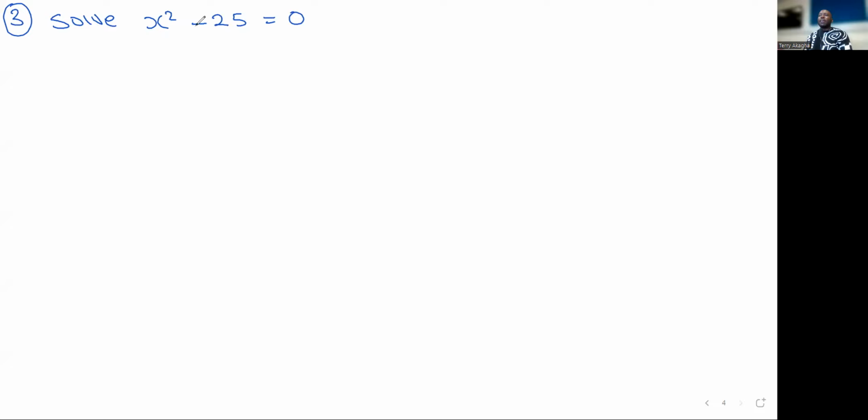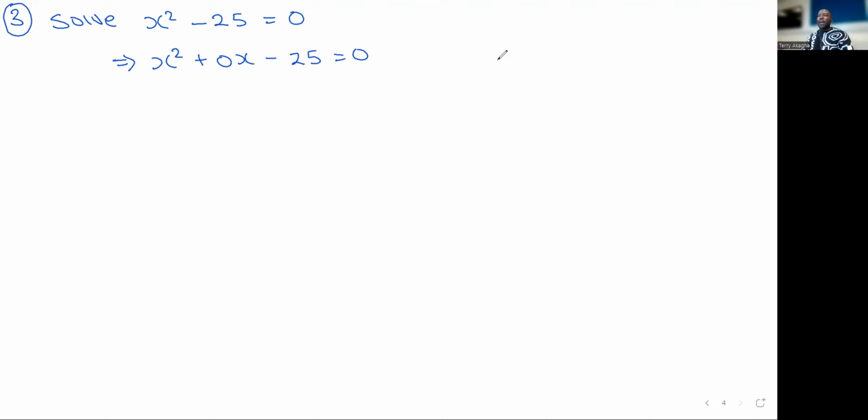You can have a missing term for B or C, but you can never have a missing term for A. Here we have a missing term for B, so I can rewrite this as x squared plus 0x minus 25 is equal to 0. In this case, the B is 0.